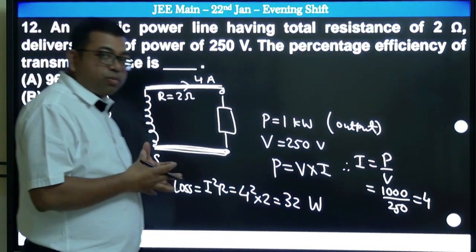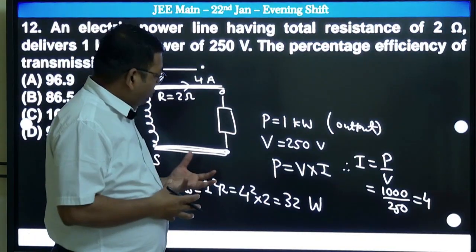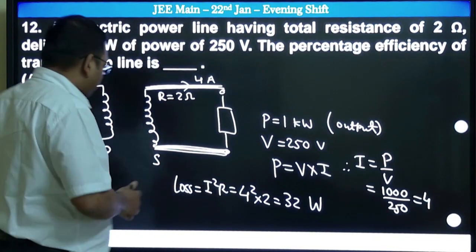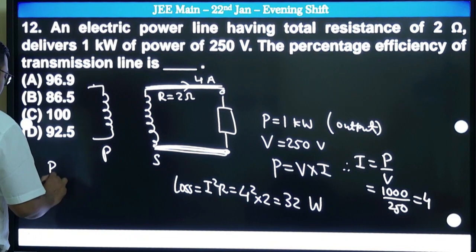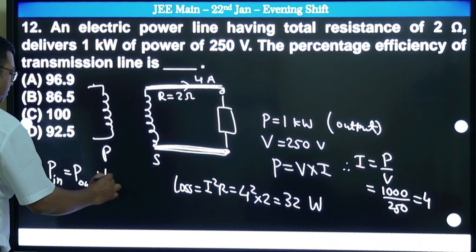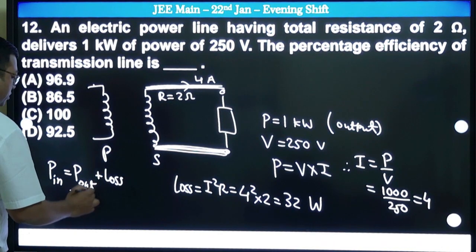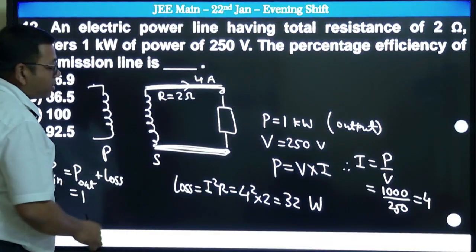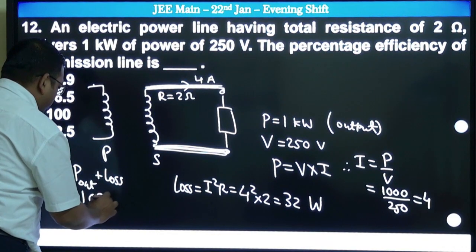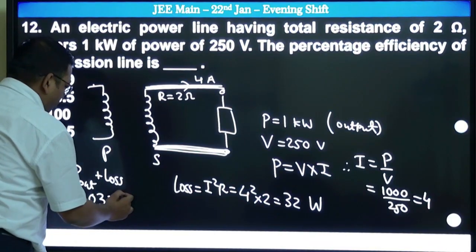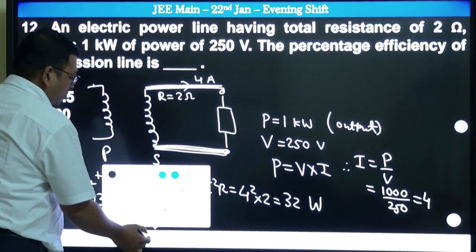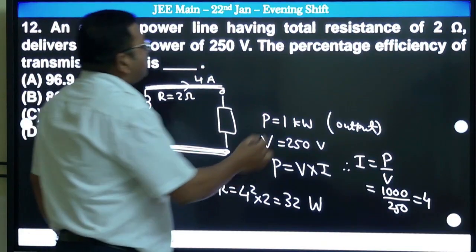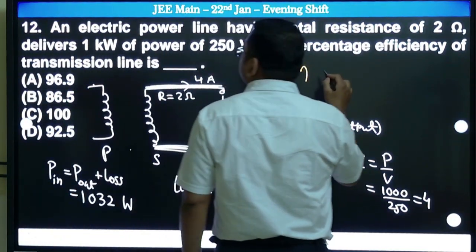So that means input should be more, which should include the output plus loss. So input will be what? Input you can consider as output plus loss. So this is 1000 plus 32, 1032 watt. Now let us calculate efficiency. Efficiency is output by input, so percentage efficiency.